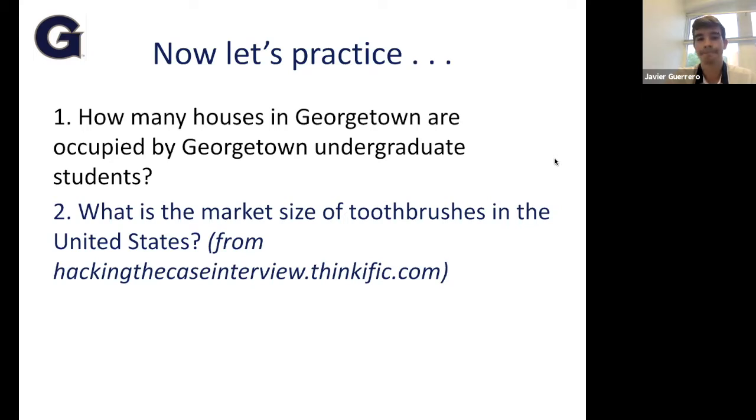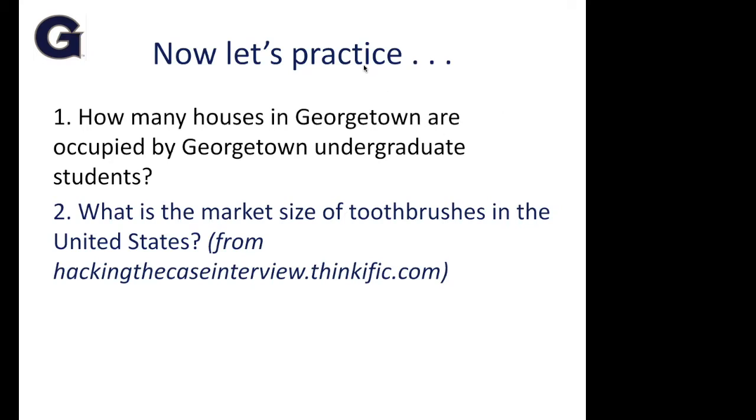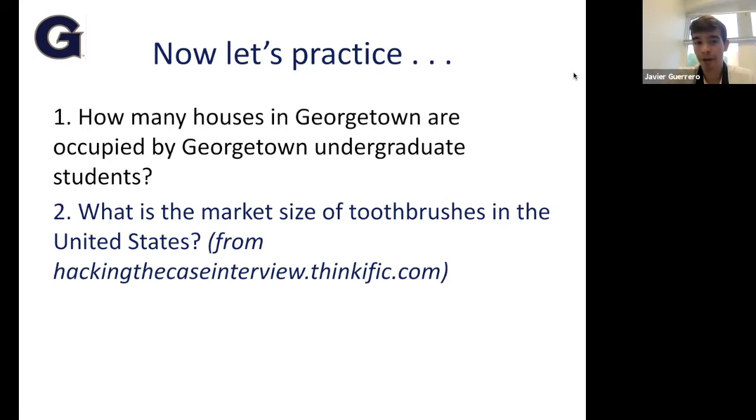How many people can fit into each house? Exactly. That's another assumption we're going to have to make, right? Because the numbers that we're working with so far, the assumptions that we've built into our case, are all individual students, but most students don't have their own houses themselves. So we're going to have to figure out roughly what is the average amount of residents per house in Georgetown. So that's a great point.